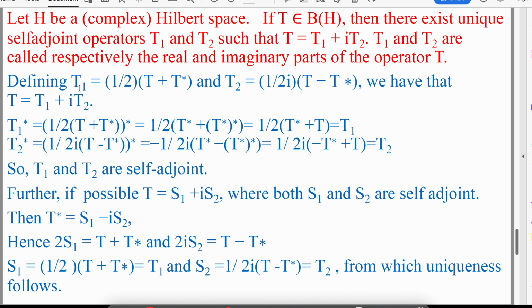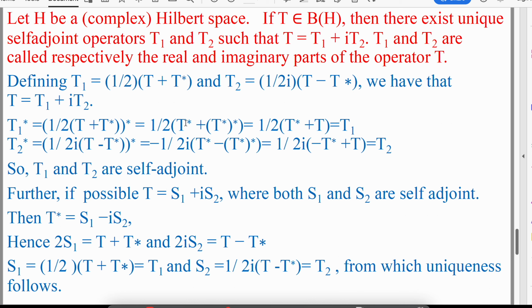Now we will prove that T1 and T2 are self-adjoint. So T1 star is equal to 1 by 2 (T plus T star) whole star. Because 1 by 2 is a real number, we can take it outside, and we get T star and T double star.